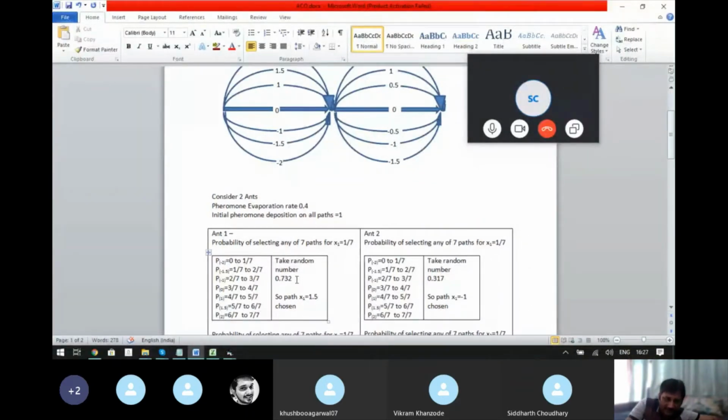So the random number 0.732 falls in between, which means the ant will choose this path, x1 equal to 1.5.